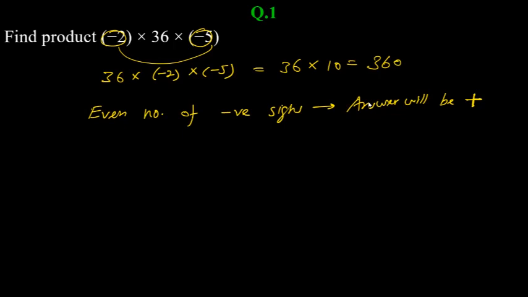Clear? Signs and the value both are important. So even if you have 360 and sign is not correct, answer will not be correct. If sign is correct, value not correct, then also you won't get marks.